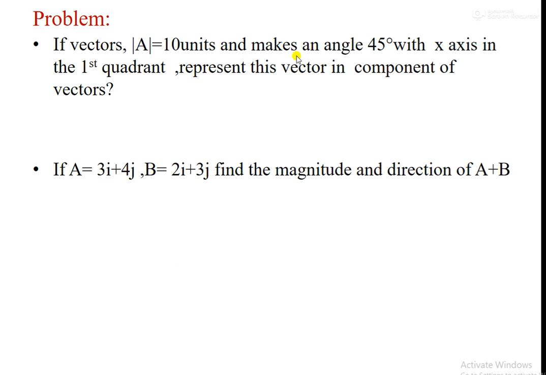So next we will do one more problem related to components of a vector and how we represent it in component format. If the vector A has a magnitude of 10 units and is making an angle with the x-axis in the first quadrant, represent this vector in component format.